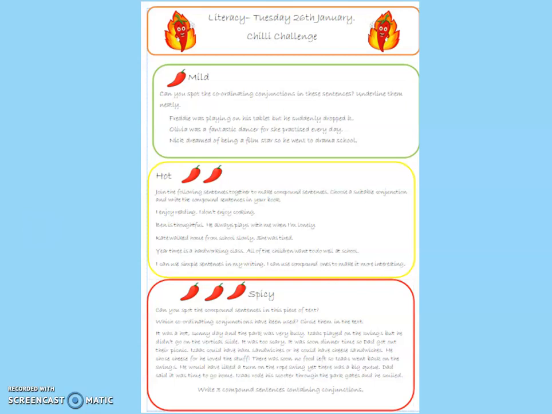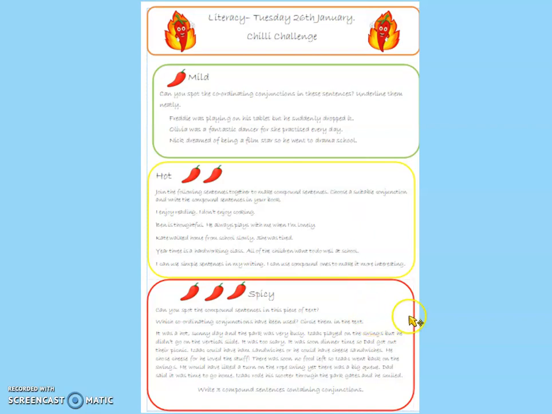When you have finished your model, your Chilli Challenges are all about compound sentences and using conjunctions. For the mild challenge, you need to spot the coordinating conjunctions and underline them. Your hot challenge, you need to choose a suitable conjunction and rewrite the compound sentence in your book.